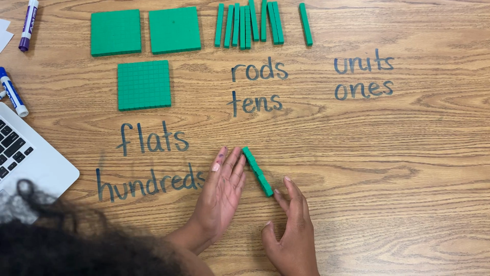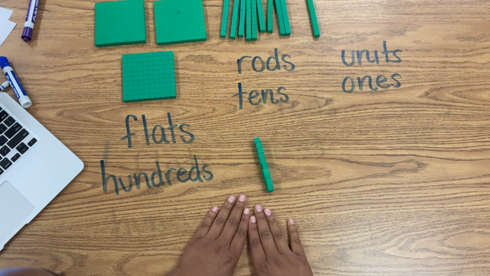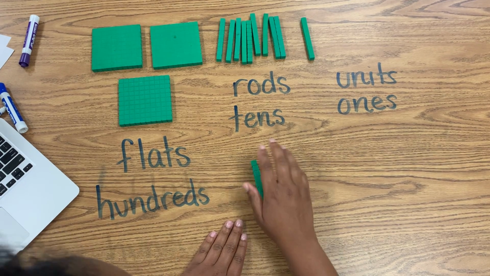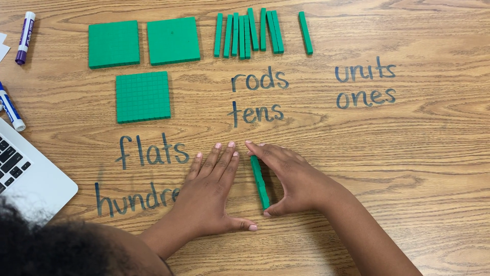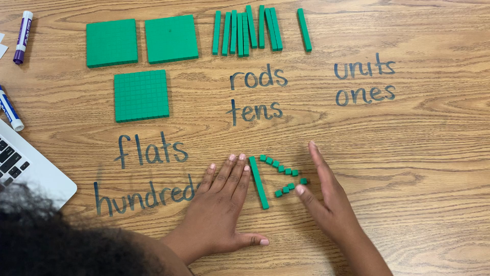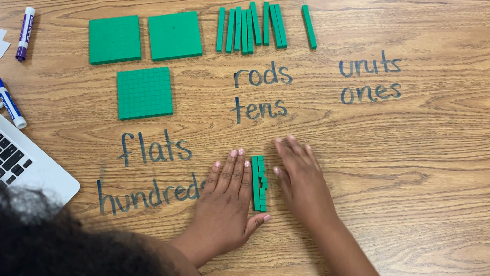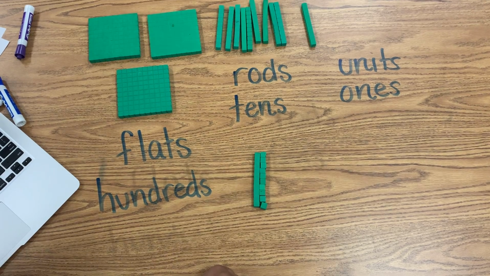You see how I was able to put 10 units perfectly on top? That's because there are 10 ones in a 10. So 10 of my units equal a rod or a 10.